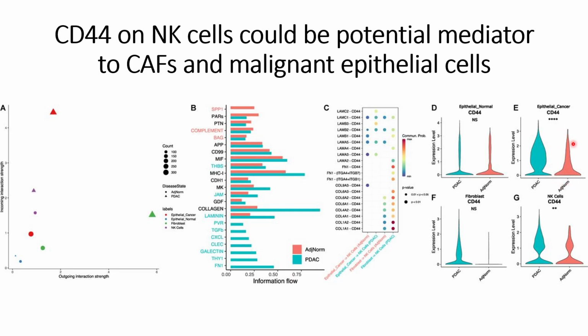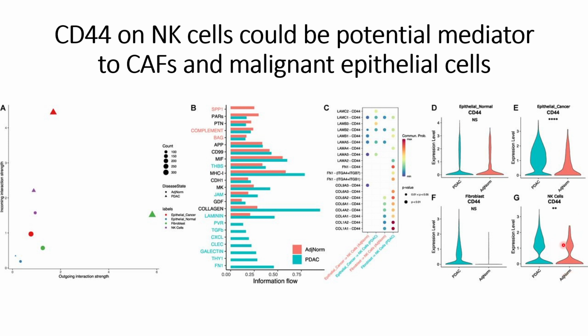When they checked the fibroblasts, they did not see a significant increase in CD44 between the PDAC fibroblasts and the adjacent normal fibroblasts. But for the NK cells, they saw a significant increase. In the PDAC regions, the NK cells have higher CD44 expression compared to the adjacent normal NK cells, which are normal healthy NK cells.